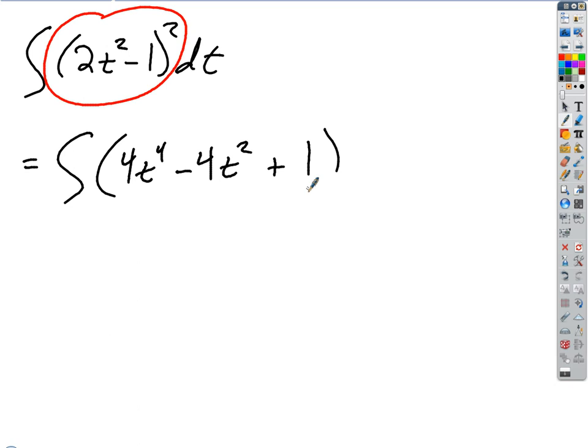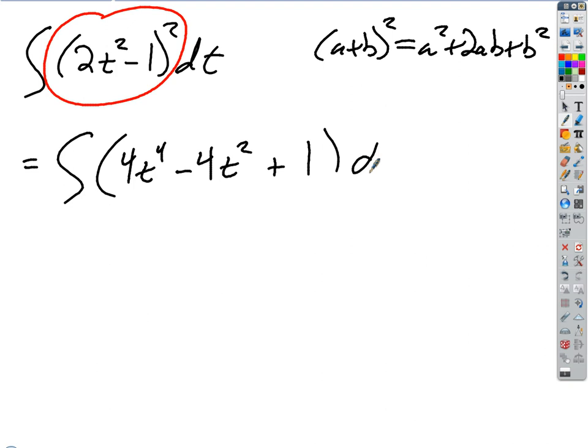You know what I'm saying when I do that. We're just saying (a plus b) squared equals a squared plus 2ab plus b squared, right? And now it's easy, isn't it? Now we can break it up into 3 simple power rule problems. So we're done.